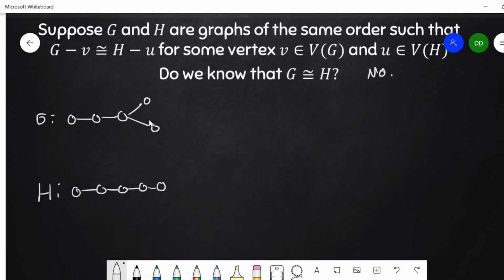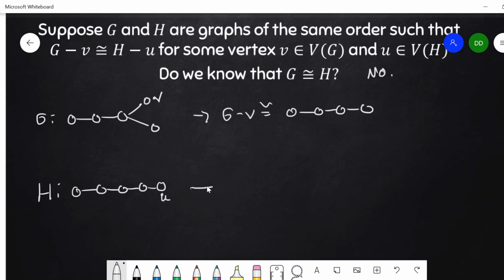But if I remove this vertex from G and this vertex from H, so I'm calling this one V and I'm calling this one U, then G minus V will be isomorphic to the path of order 4.